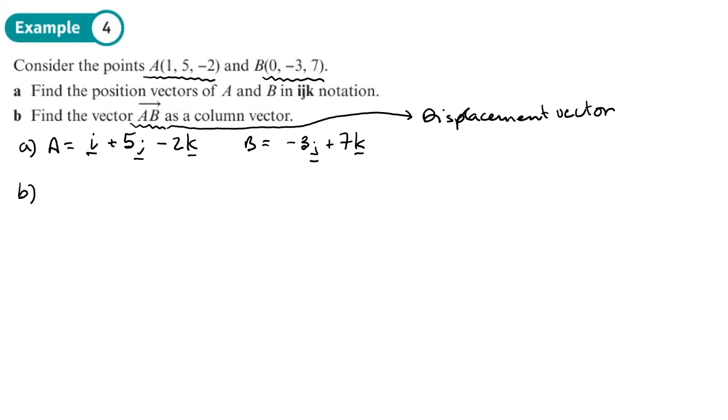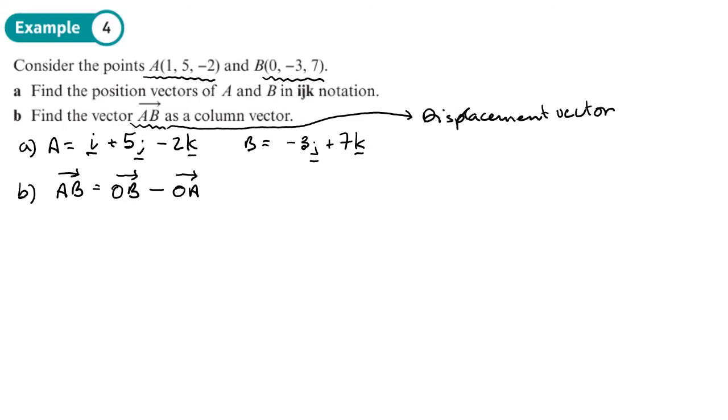So one way of doing it, the vector A to B is actually the position of B, which is OB, minus the position of A. So remember what I said about a position vector being in reference to the origin. That's what this is, from the origin to B is basically the vector B, and the origin to A is the vector A. So if I do O to B and take away O to A, I will get that.